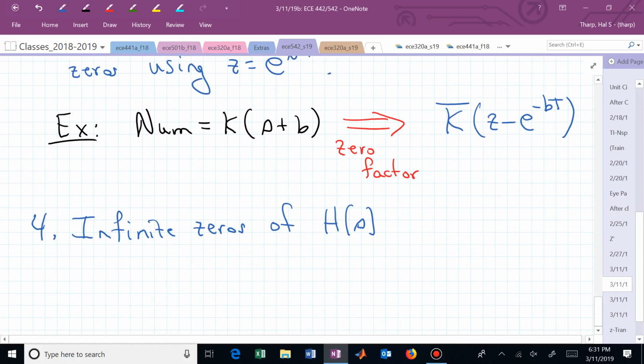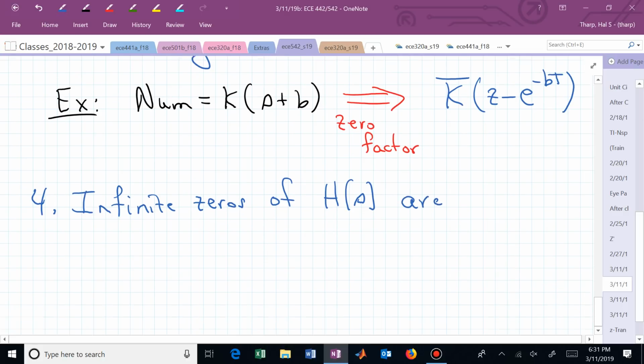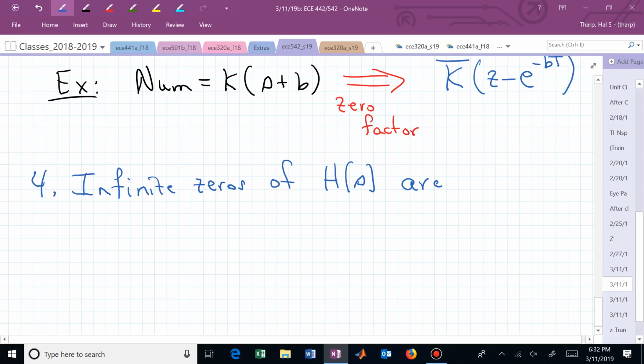So far in this class, we say infinite zeros of H(s) are really just connected or related to the pole-zero excess in H(s). How many more finite poles do you have than finite zeros? And here I'm going to mix it up a little bit.